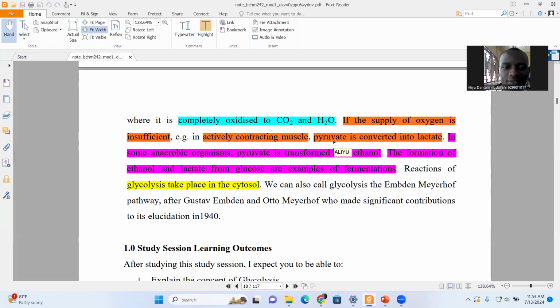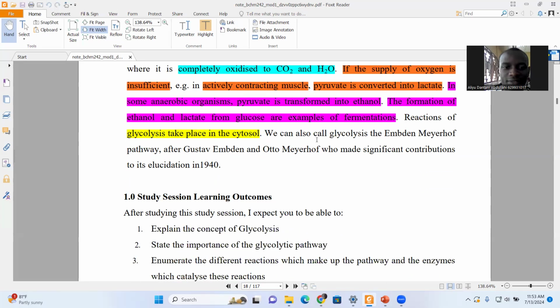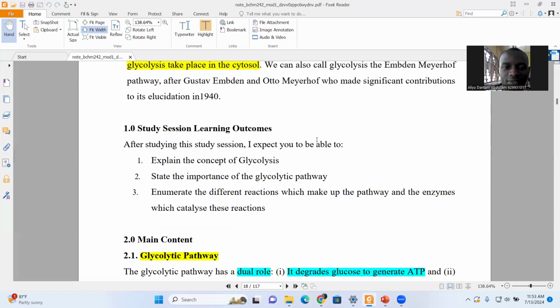That's lactic acid, basically. So it's part of what causes muscle pull. As nurses, you should know, right? Muscle pull.